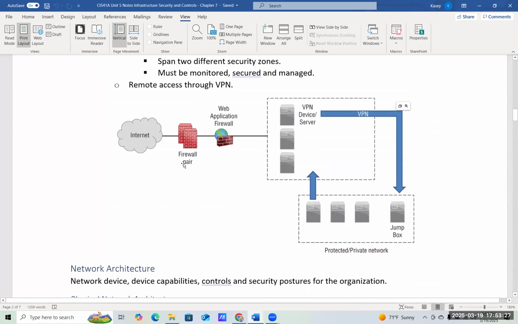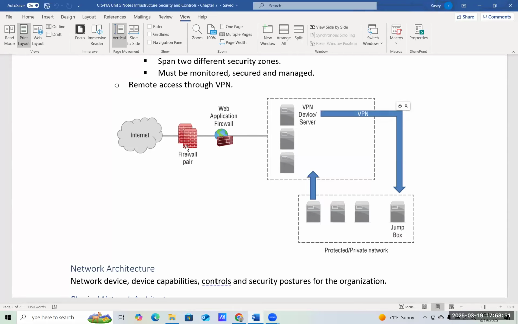So when you look at this diagram, you have the internet, which is where everybody is coming in, and our connection to the internet service provider. Here we have a firewall pair. They placed it here to simplify, but it's really a firewall on the outside, the router, and then an internal firewall.